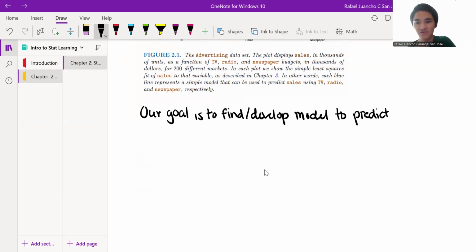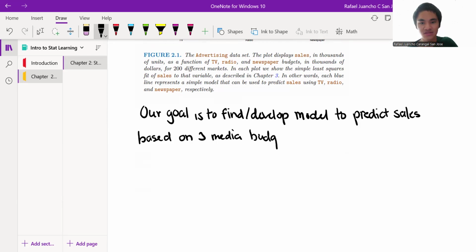Regardless of finding that relationship, well, that's the first thing we want to do. And then we want to make a model that's based on that relationship and it can be used to predict sales based on advertising budgets. So 3 media budgets in this case, right?